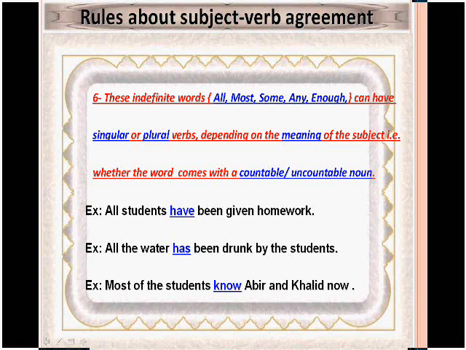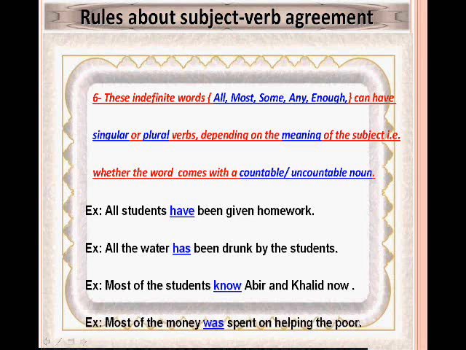If I say most of the students know Abir and Khalid now, so here I have also the word most, and then the word that came after it is plural, countable, students, and of course the verb here agreed with this and became plural, because I am talking about a plural, countable word, so it should be the plural verb.